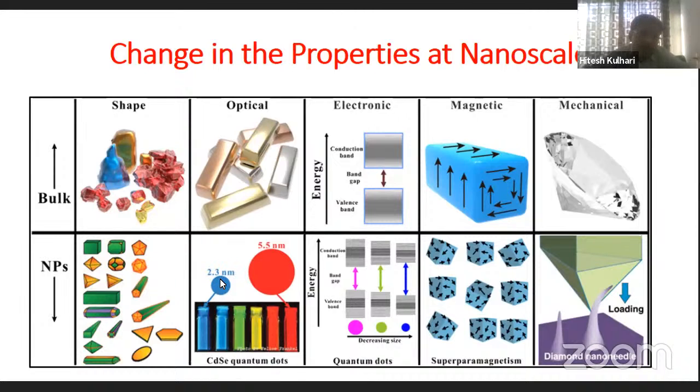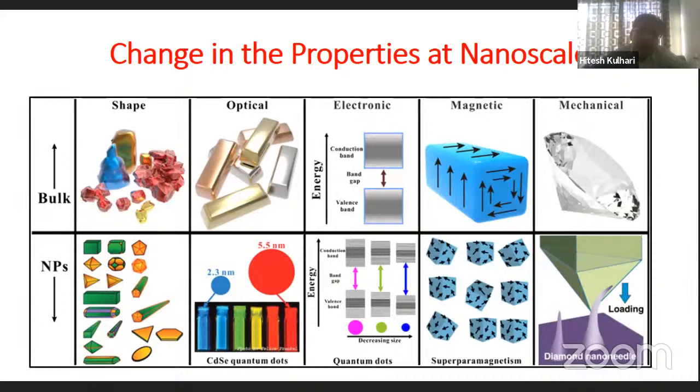You see the nanoparticle with 2.3 nanometer size has quite different photoluminescence compared to the quantum dot with 5.5 nanometer size. A very small change in size, but their optical properties are quite different. Here it is only a change of a few nanometers, but if we convert bulk to nanometer, there will be a significant change in size. So nanoparticles have different optical properties compared to the bulk material.